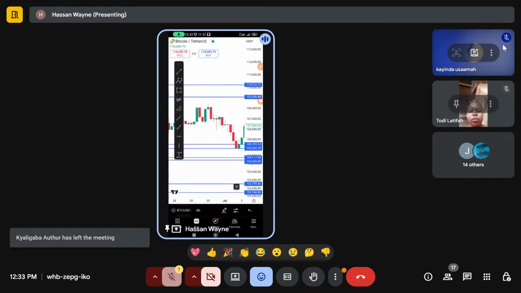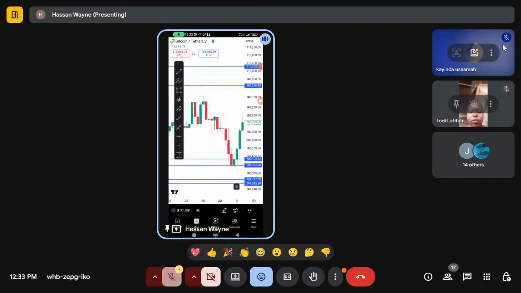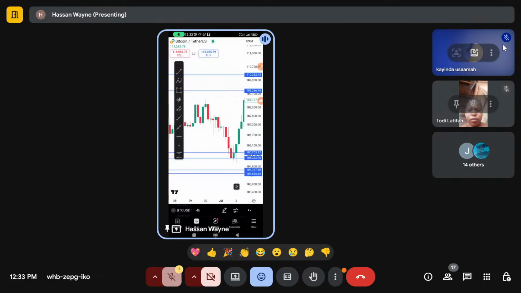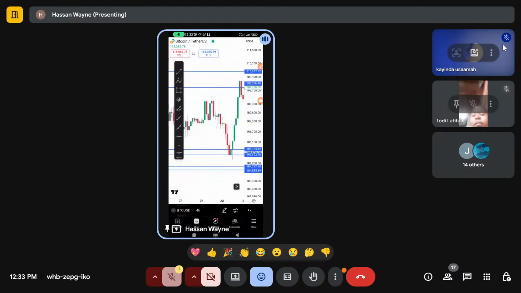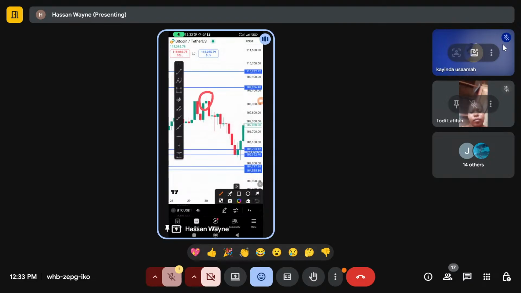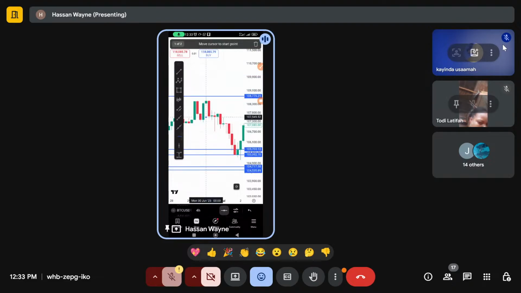And there's also this one, it is called a shooting star. We got here our shooting star, and always make sure that it is formed at resistance. How do you know that it is at resistance? You just come and draw your support and resistance there. If it is formed, I draw my resistance there to see whether it is not faking me out, and I draw my support down here, and I wait.